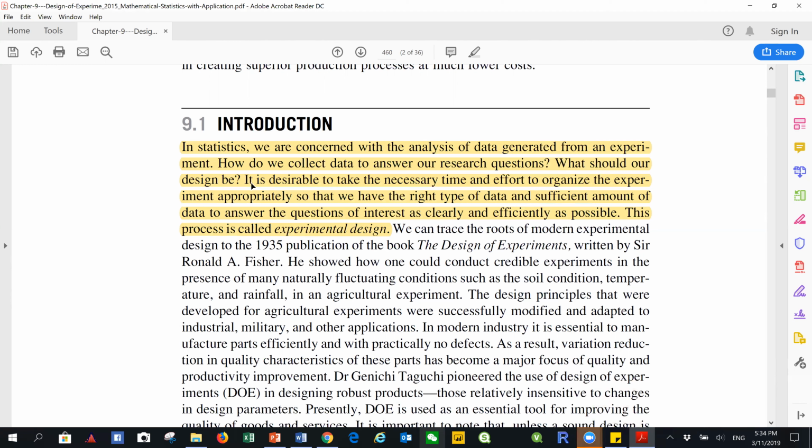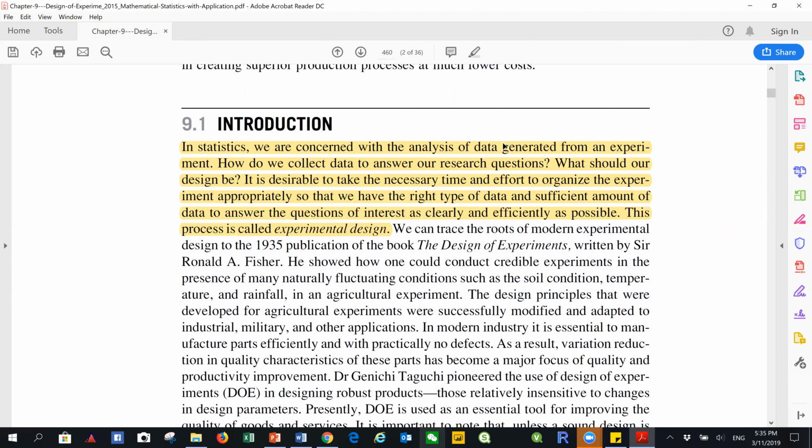It is desirable to take the necessary time and effort to organize the experiment appropriately so that we have the right type of data, and a sufficient amount of data to answer the questions of interest as clearly and efficiently as possible.